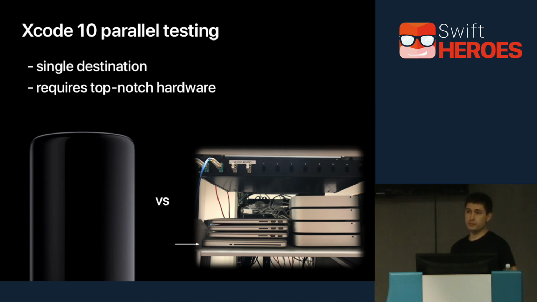And the rule of thumb is that you will need one core per simulator. So, say you plan to run 10 simulators at once, you will need a 10-core machine. Our solution scales independently of hardware specification. And as a matter of fact, we are building up our testing farm reusing our company's obsolete machines.